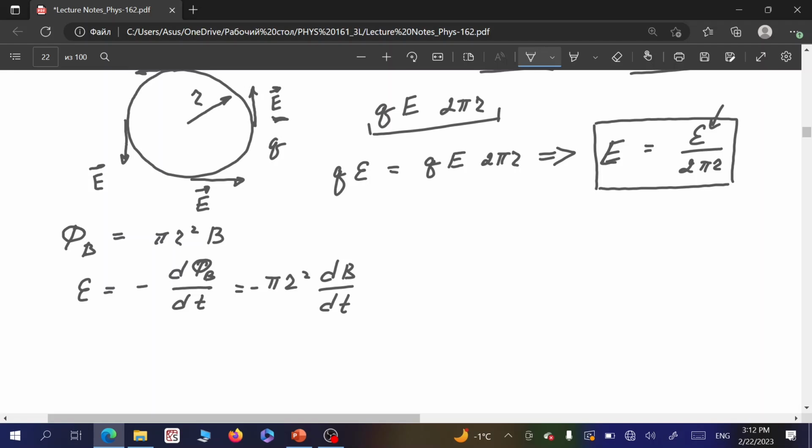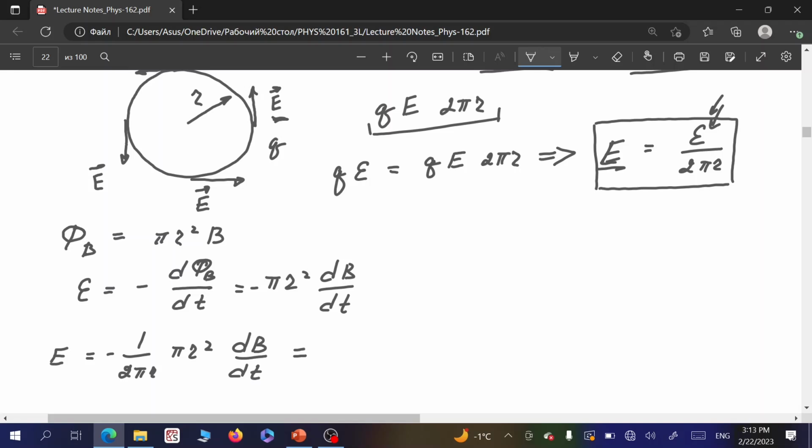Now we can substitute it in the expression for electromotive force here for the induced electric field, and express that the induced electric field is equal to 1 over 2 pi times r. Here there will be a negative sign, we need to remember. Then we have pi times r squared dB over dt.